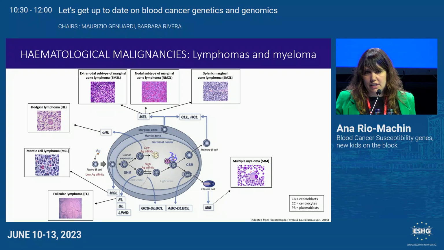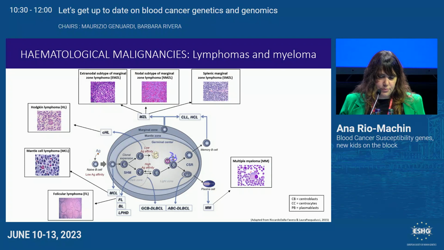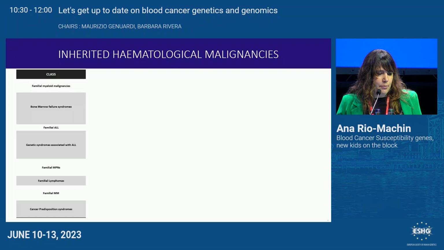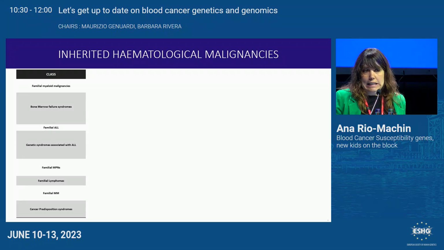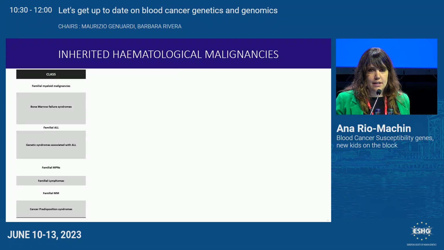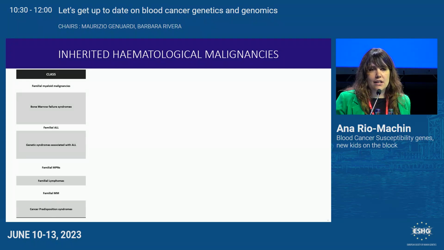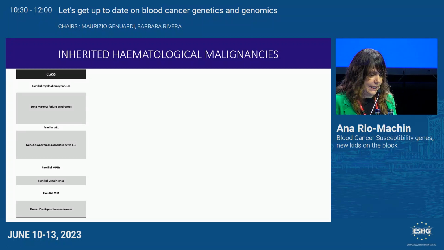And we have multiple myeloma, which arises from plasma cells. All these entities, or the majority of these cases, are sporadic, but we have examples of familial aggregation in all these types of hematological malignancies.